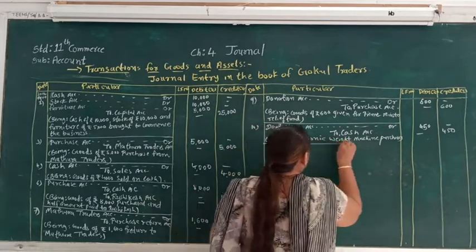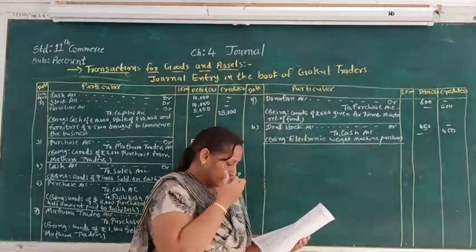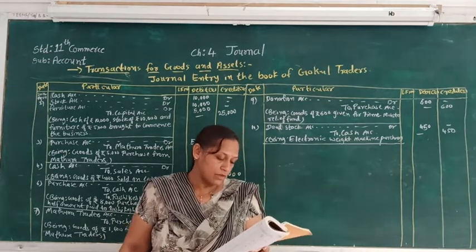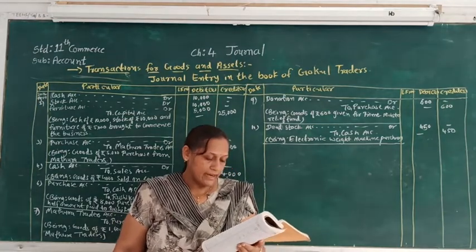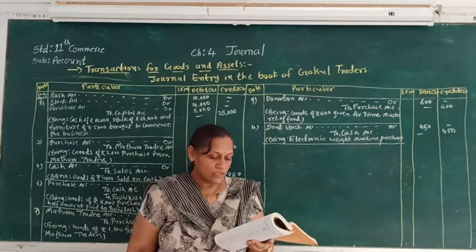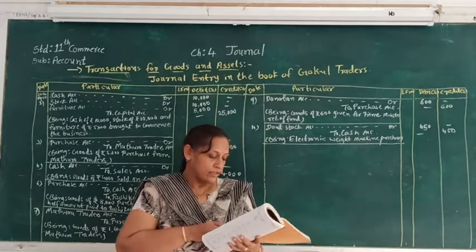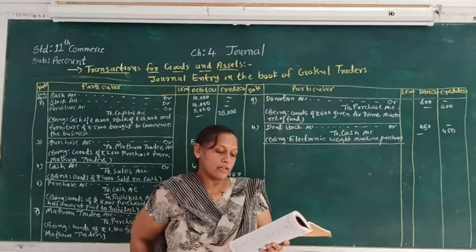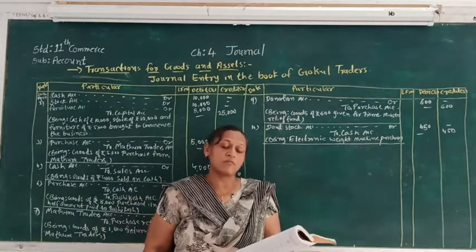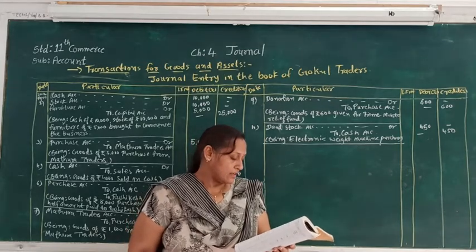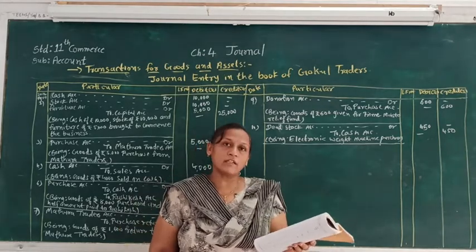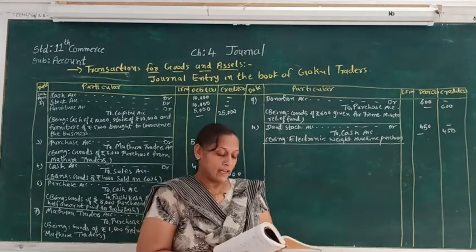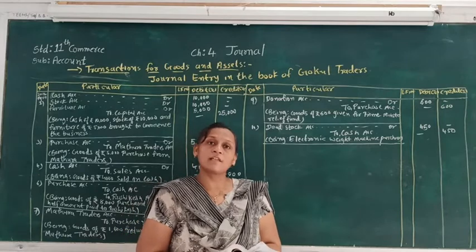Okay. Now, let's see the next. 100 shares of Barsa Limited purchased at rupees 30 and 2% brokerage is paid. Both amounts are paid by cheque. So here we have purchased the shares of Barsa Limited, and for that 100 into 30, so we have purchased shares of 3,000 rupees, and on that we have paid 2% brokerage.